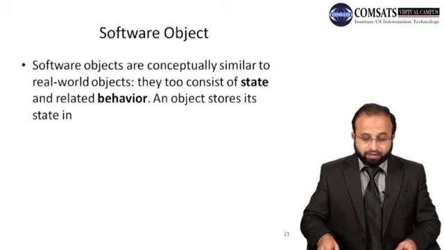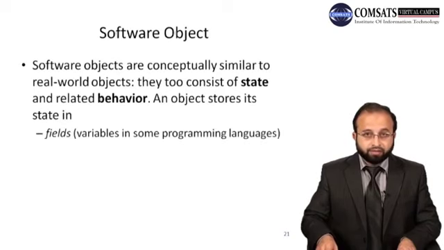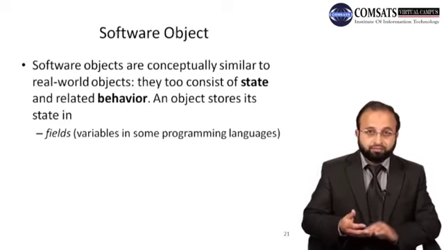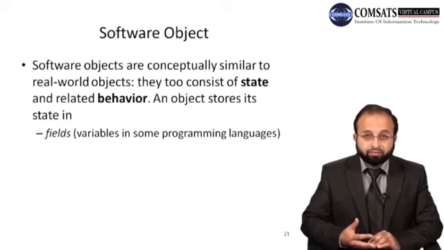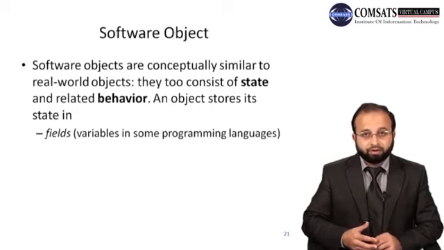Software objects are conceptually similar to real world objects. They too consist of state and related behavior. An object stores its state in fields. So objects have state and behavior, and in a software object the state is represented by fields, that is variables in some programming language.